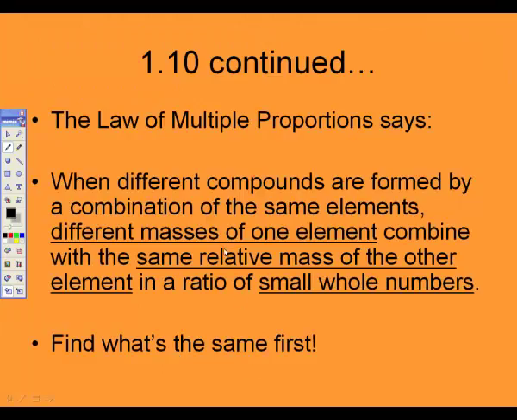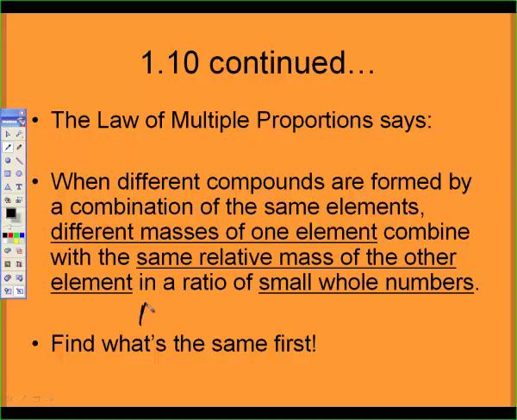So here's what it actually says. When different compounds are formed by a combination of the same elements, that's what we were just talking about, different masses of one element combine with the same relative mass of the other element in a ratio of small whole numbers. That sounds really complicated, but you could think of it like this. Here's element 1, element 2, compound 1.